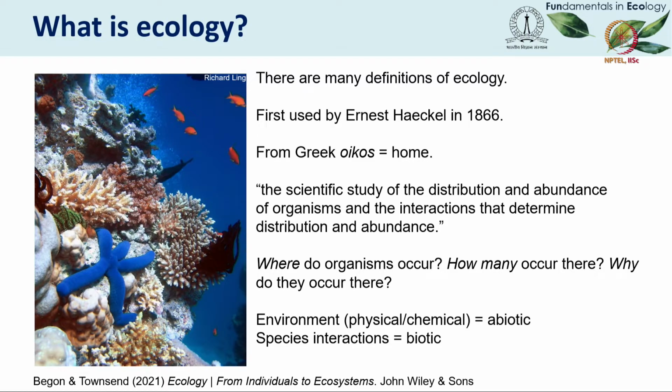One of the definitions of ecology would be that it's the scientific study of the distribution and abundance of organisms and the interactions that determine distribution and abundance. All organisms have a distribution, a geographical range, and all organisms have an abundance.